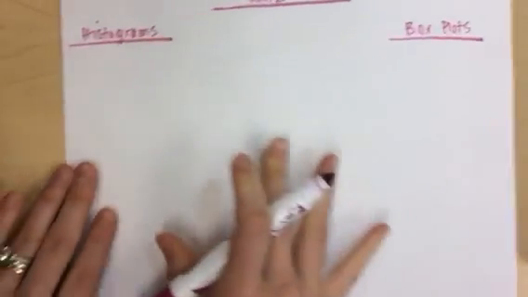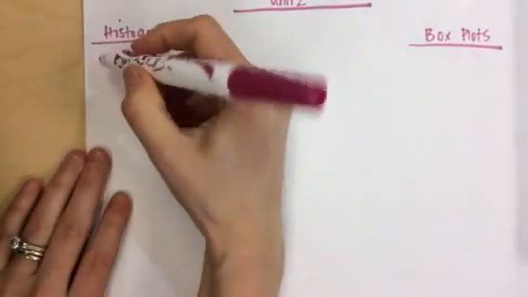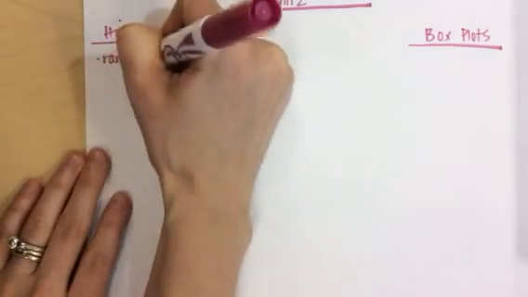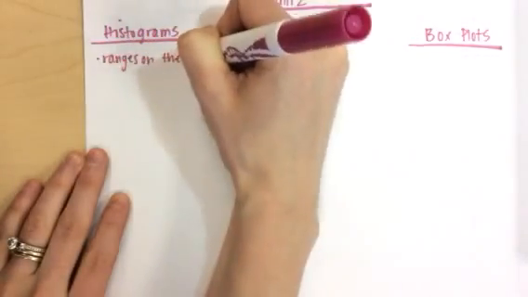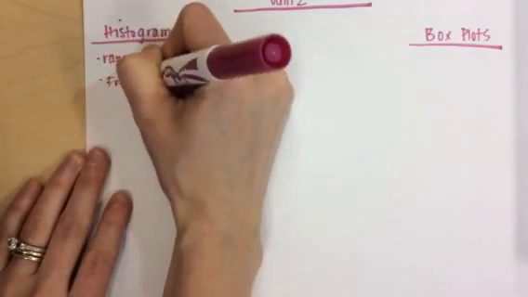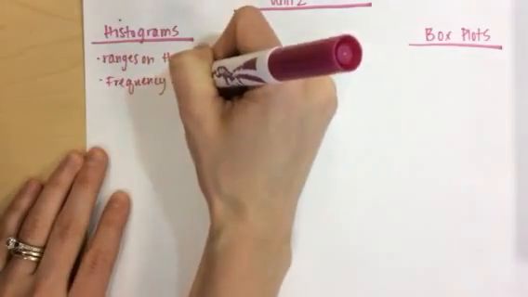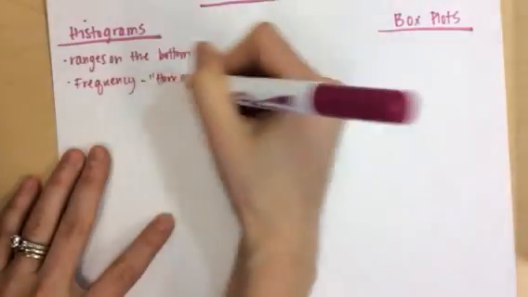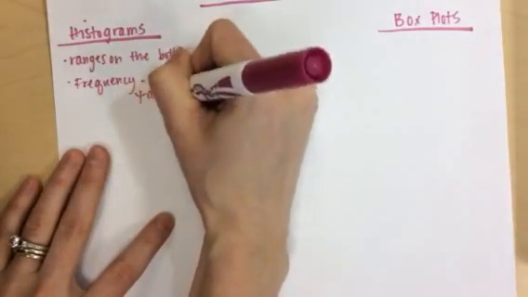So, information on how to make a histogram, for example. We know that ranges must be on the bottom, and we know that the y-axis always has to say frequency, which means how many. And this is your y-axis.